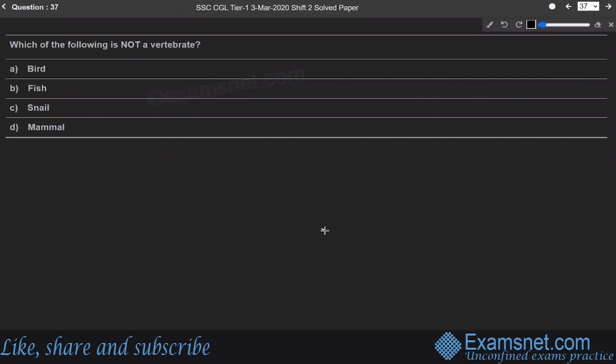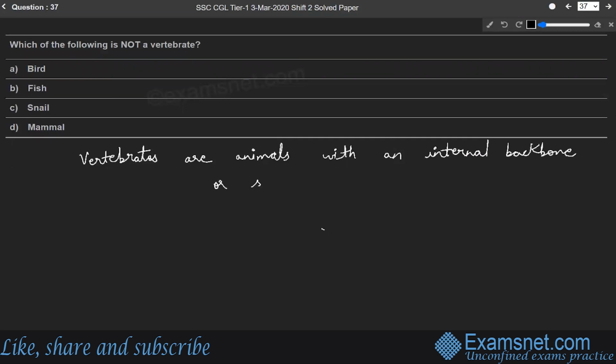Next question is, which of the following is not a vertebrate? And the options are bird, fish, snail, or mammal. So what do you think is a vertebrate? Vertebrates are the animals with an internal backbone or spinal column.